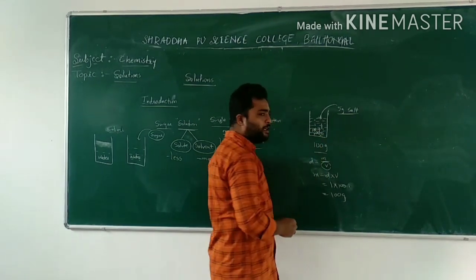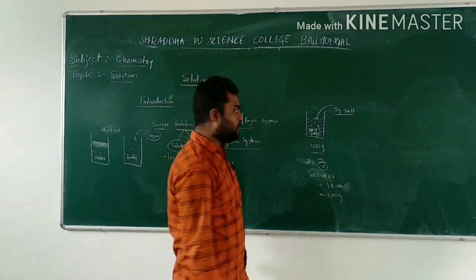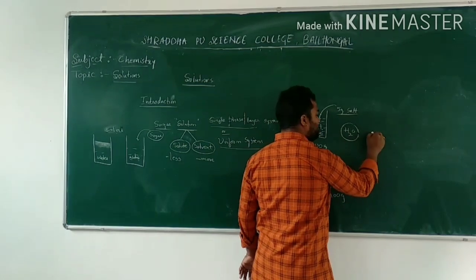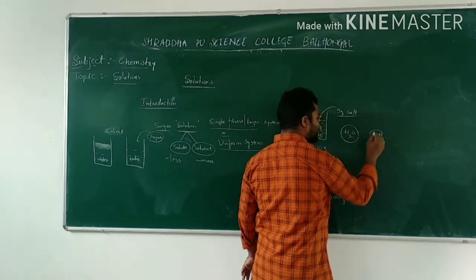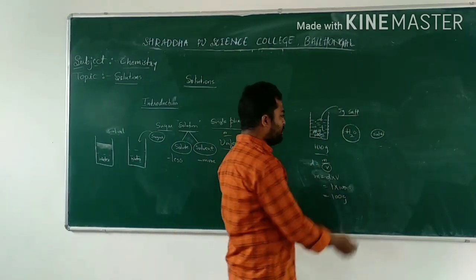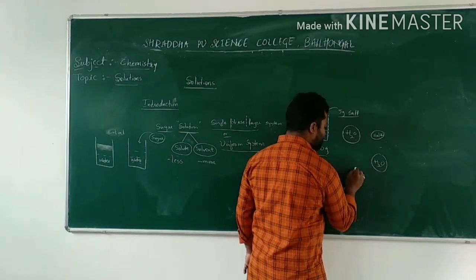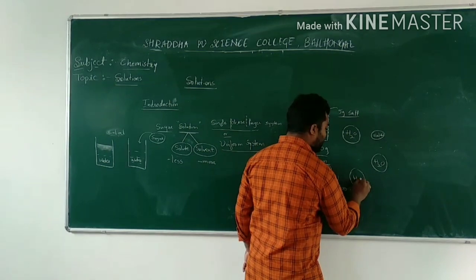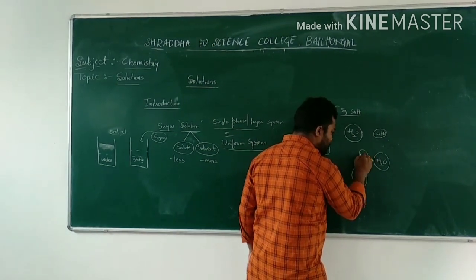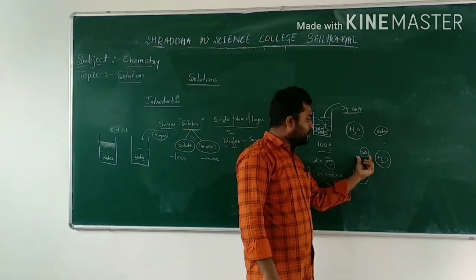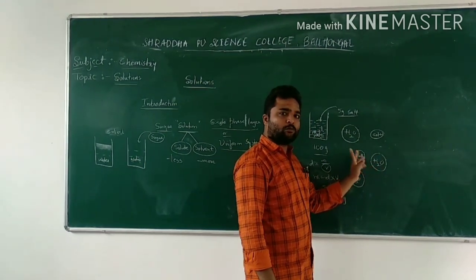The size of the water molecule is bigger and the size of the salt particle is smaller. This is one water molecule, this is one more water molecule, and in between these there will be salt present. It means the salt particles are hidden behind the water molecules.